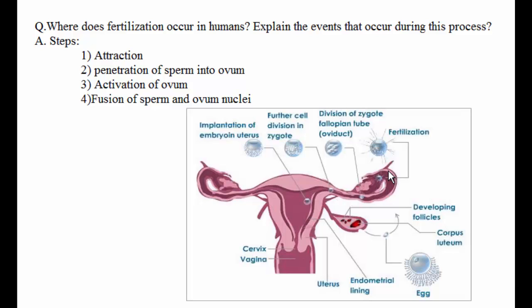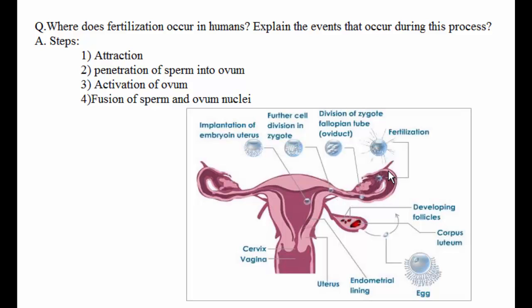These granules get attached along the inner surface of the vitelline membrane and make it thick. The thickened vitelline membrane is called the fertilization membrane, which prevents polyspermy by inhibiting the entry of other sperms. As I have told you, only one sperm can fuse with one egg.